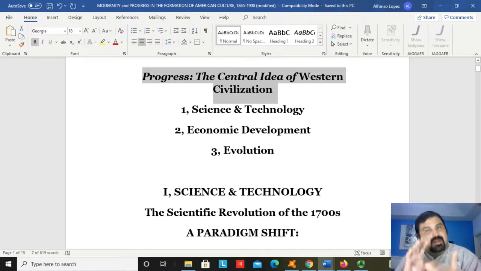But this comes precisely from the age that we live in, this modern age in which there's a lot of innovation taking place. There's a lot of change taking place in the world of science and technology and other areas that convince people that this is real. And this is where we're heading, in other words.